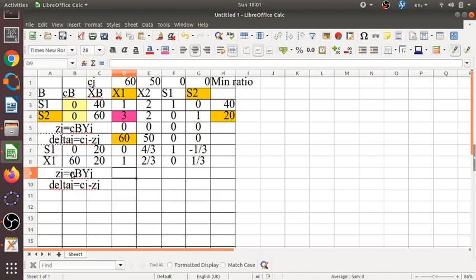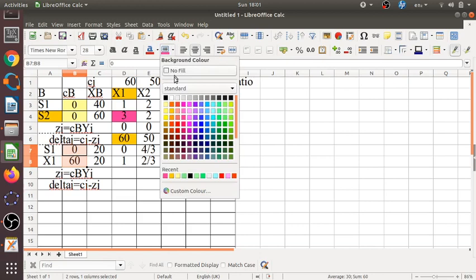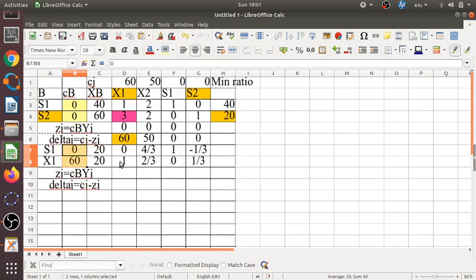Zj is Cb multiplied with Yj. Cb is this, multiplied with Yj. The first one will be equal to 0 into 0 plus 60 into 1, so it's 60.